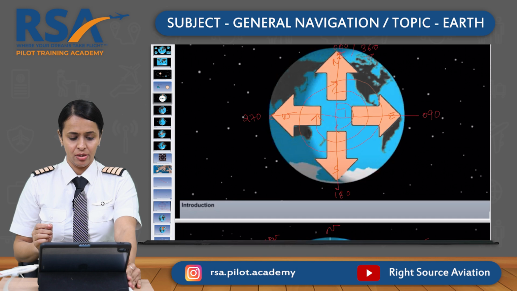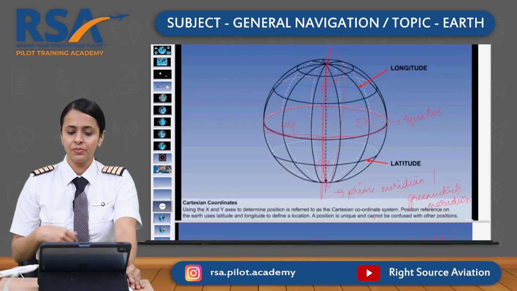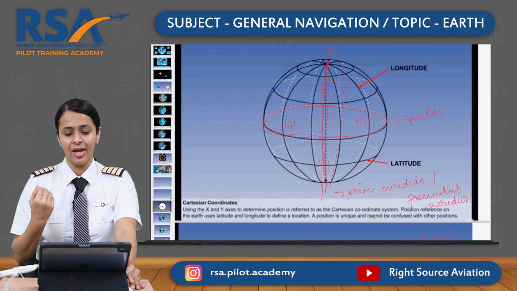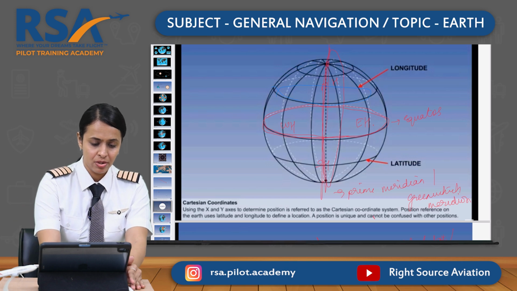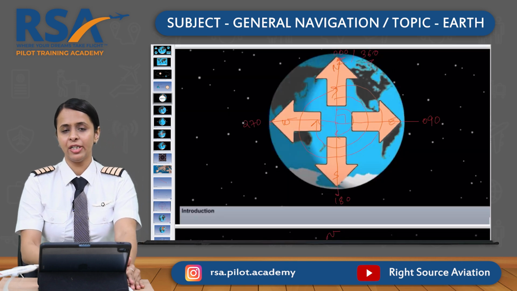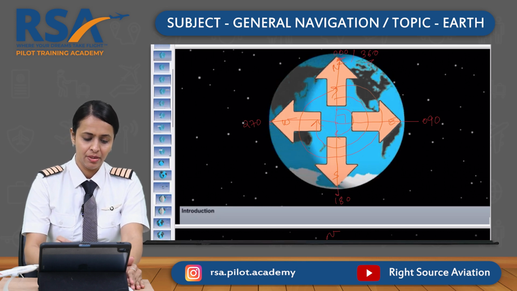We also did directions. Now, let's revise all the lines that are there. We have equator, meridian, anti-meridian, Greenwich meridian, latitude, longitude, and we also said all the directions are given some numbers, and we looked at what those numbers are.